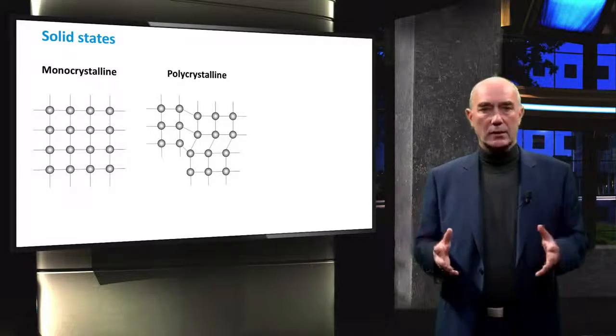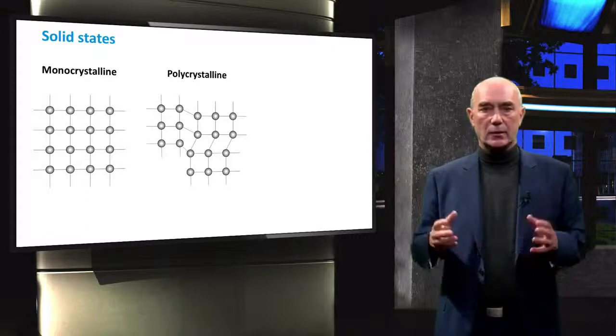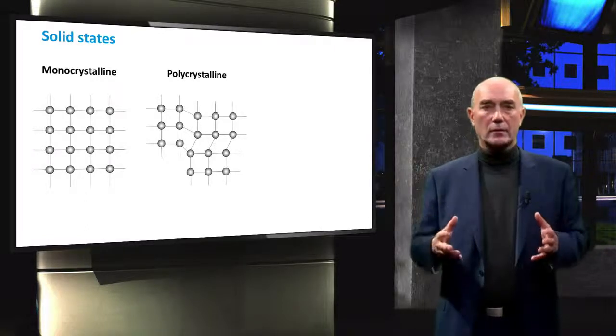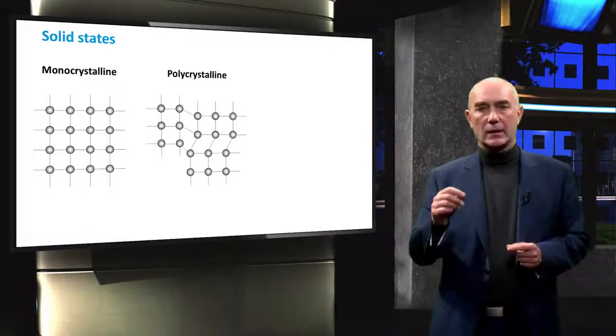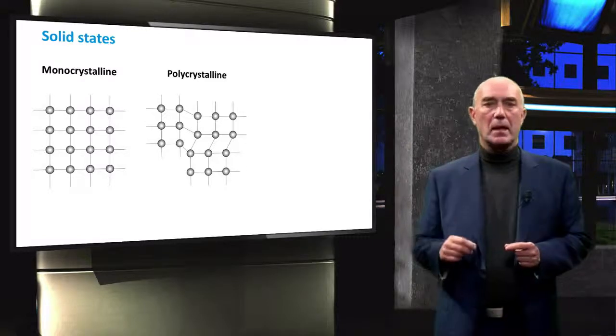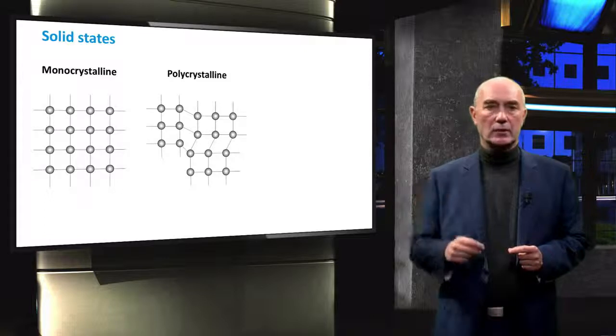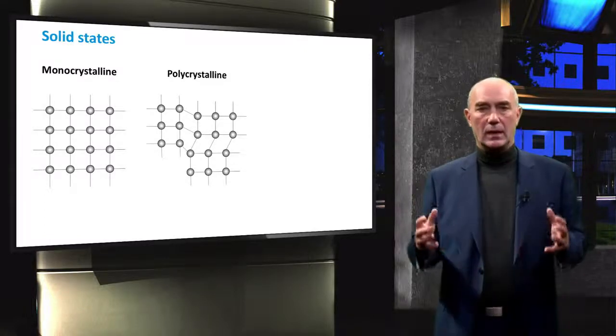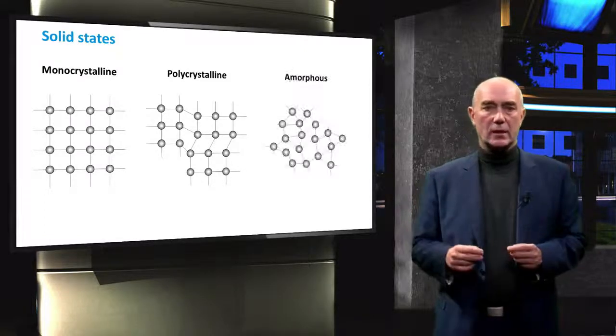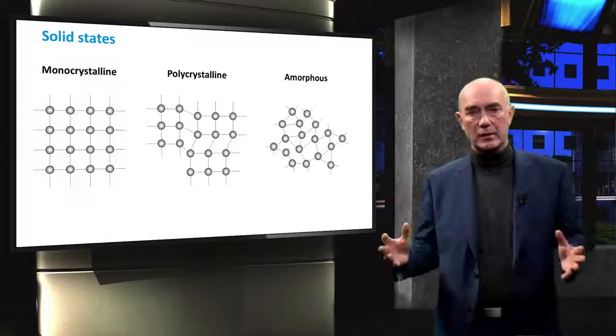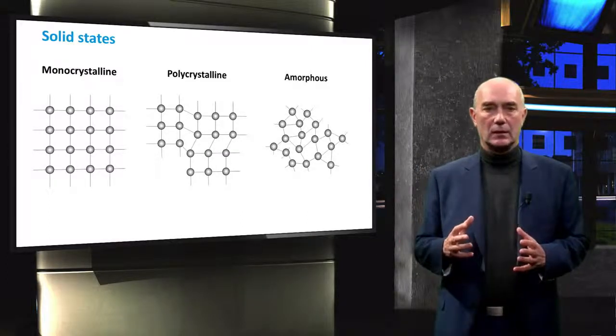These small crystals within the lattice are called grains or crystal domains. Nevertheless, the presence of grain boundaries makes the lattice non-homogeneous and not continuous. Lastly, amorphous solids are materials in which no crystallinity can be observed.